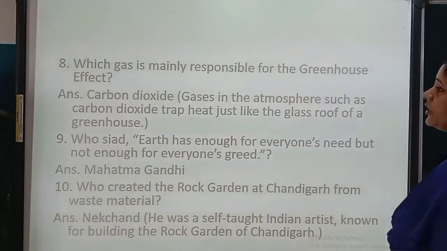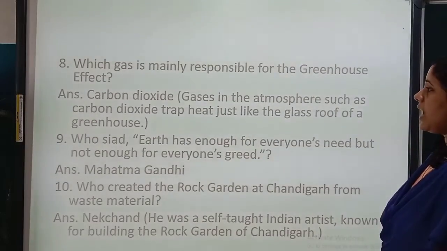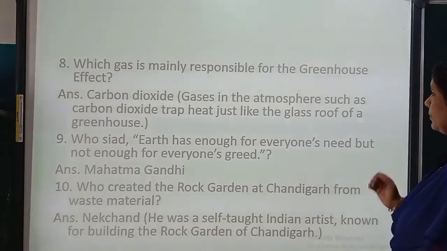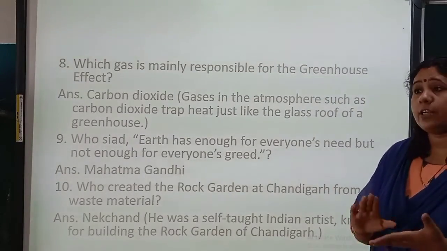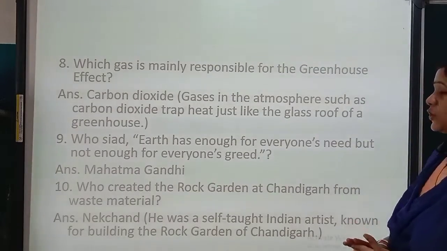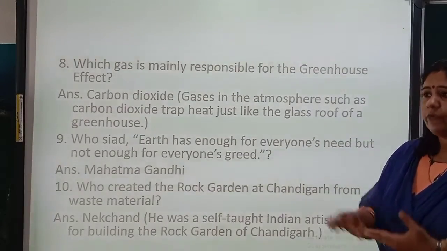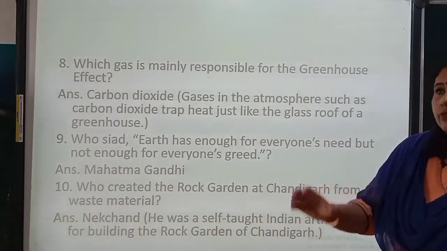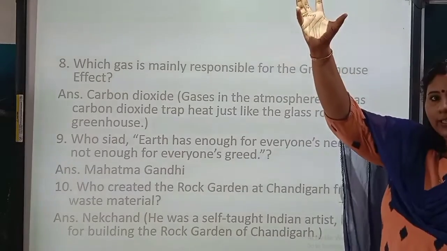Which gas is mainly responsible for the greenhouse effect? Answer is carbon dioxide. Gases in the atmosphere such as carbon dioxide, methane, nitrogen trap heat just like the glass roof of a greenhouse. If you keep a glass roof, the air will come inside and then it will rotate and bounce back, isn't it?